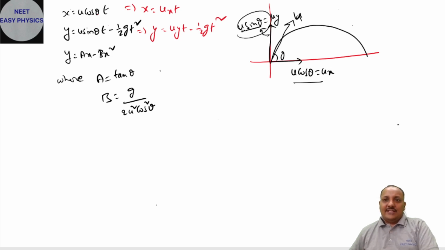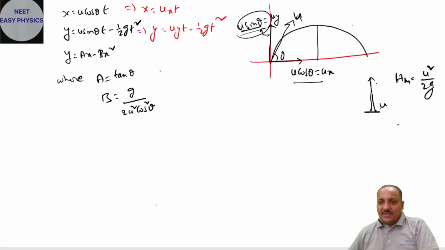U sin theta means an object is projected vertically upwards with u sin theta. What is the maximum height it can reach? In case of a vertically projected body with initial velocity u, what is the maximum height formula we got? So h maximum is equal to u square by 2g. In this, u is the vertical velocity. In place of that, we have u sin theta.